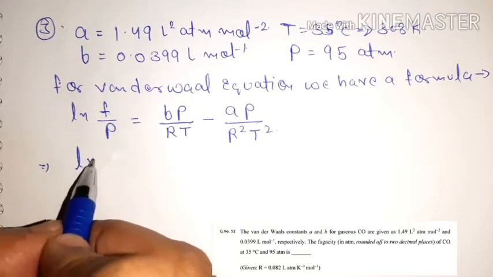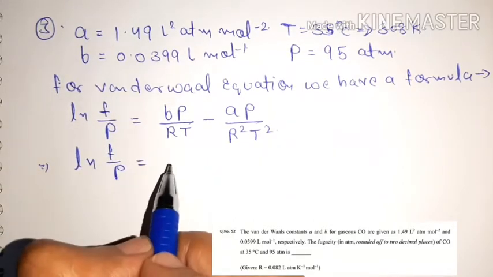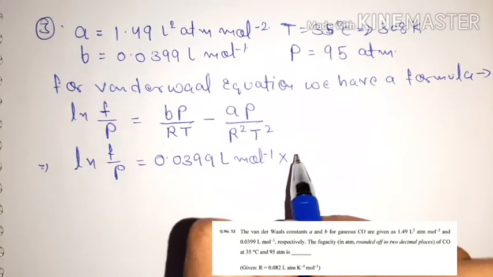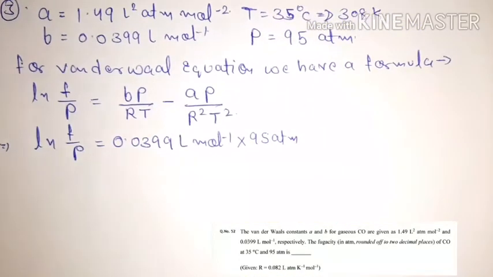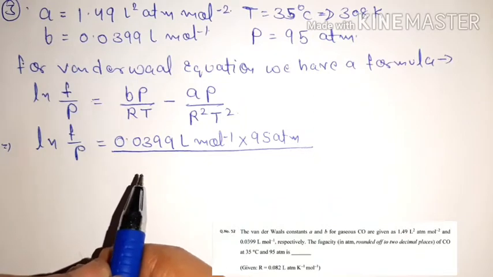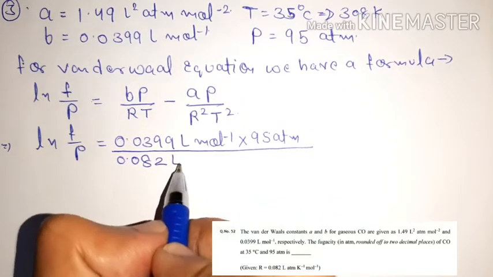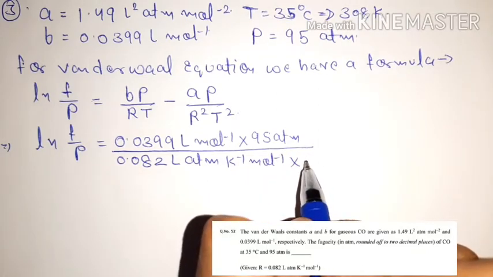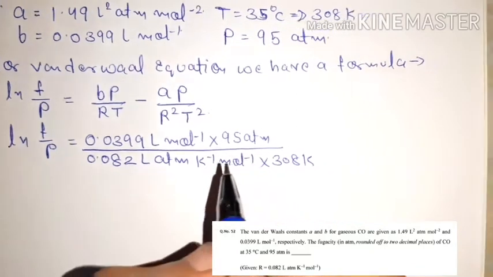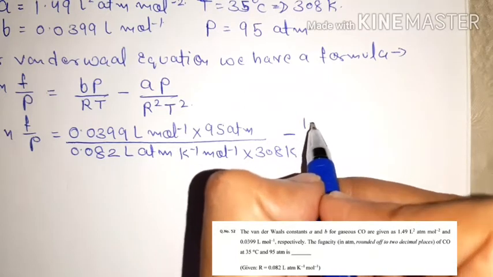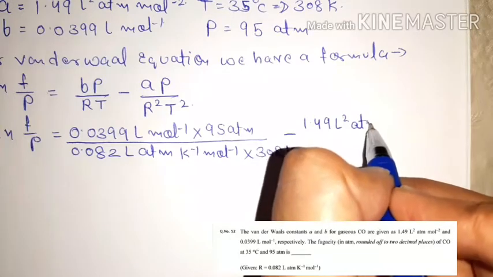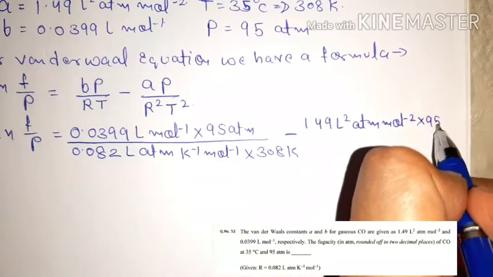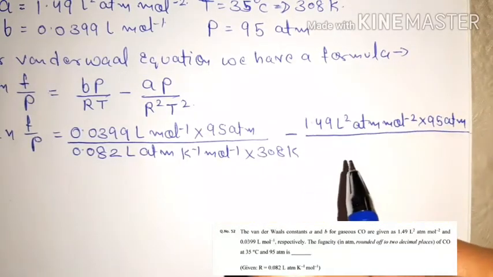So ln(F/P) is equal to B, 0.0399 liter per mole, into P, 95 atm, upon R. The value of R is 0.082 liter atm per Kelvin per mole, into T, that is 308 Kelvin, minus the value of A, 1.49 liter square atm per mole square, into P, that is 95 atm, upon R square T square.